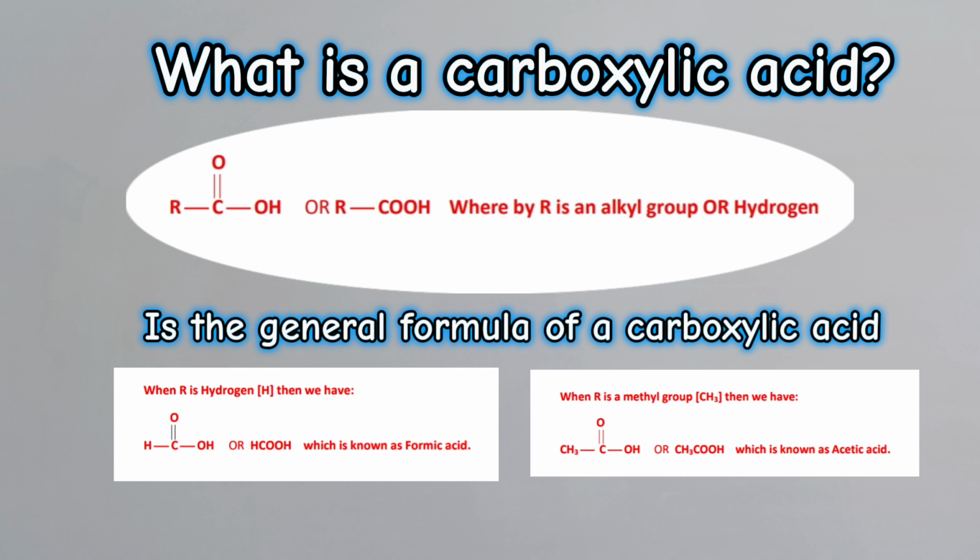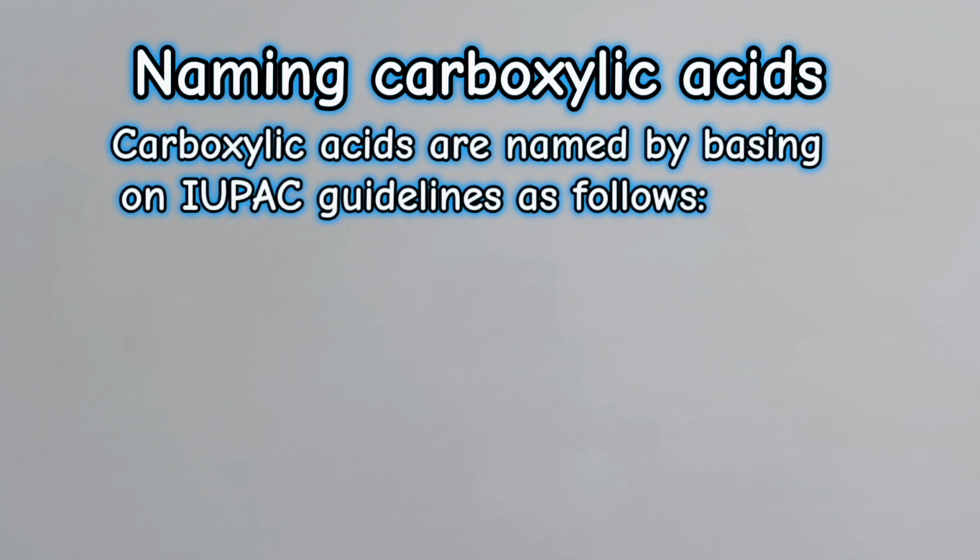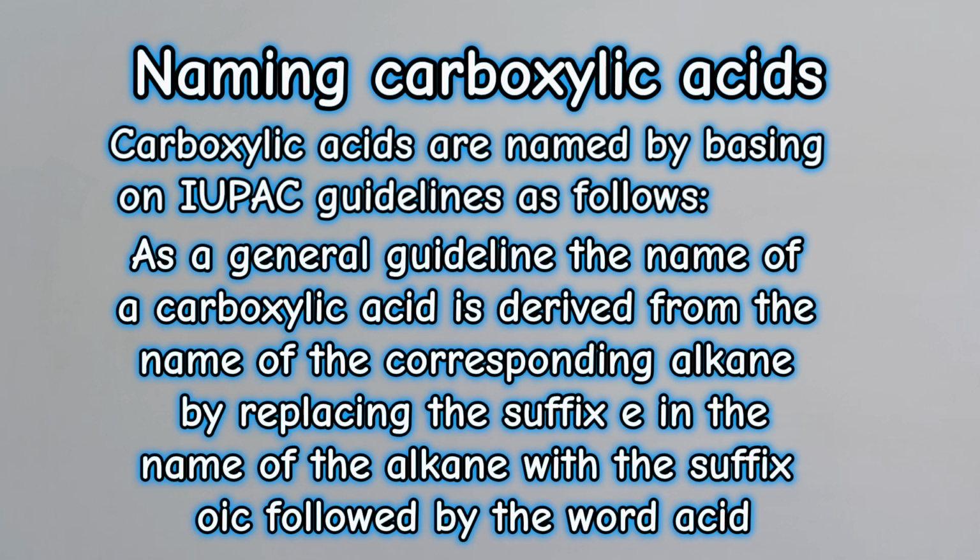So, what does IUPAC tell us on the guidelines of naming our homologous series of carboxylic acids? First and foremost, as a general guideline from IUPAC, the name of the carboxylic acid is always derived from the name of the corresponding alkane.